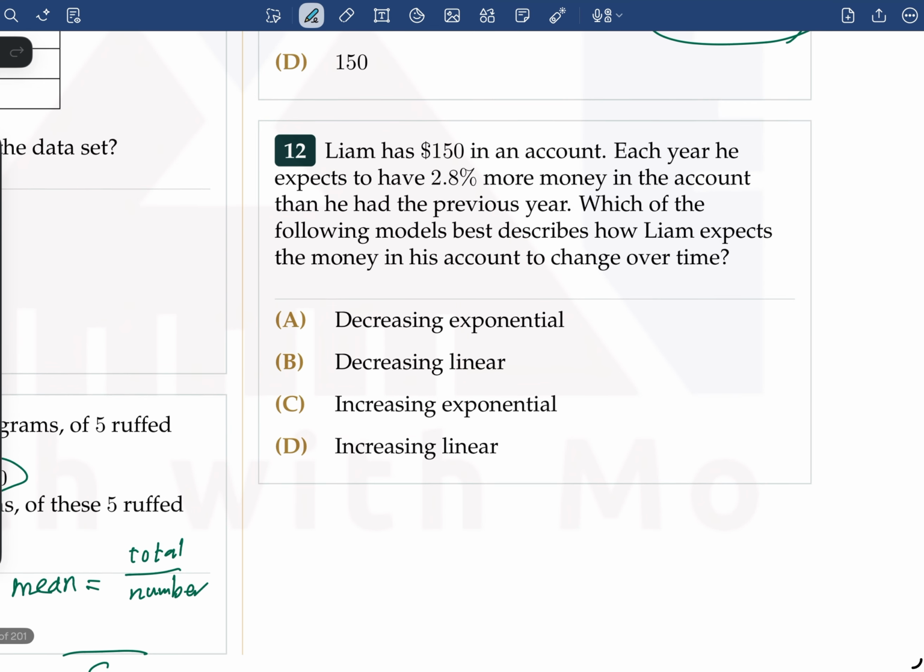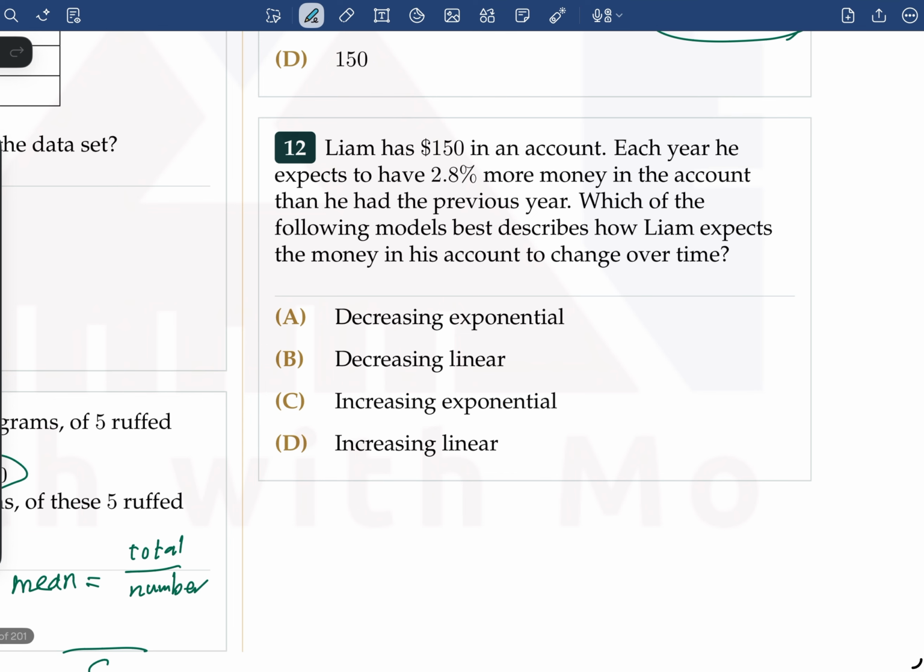Question number 12. Liam has $150 in an account. Each year he expects to have 2.8% more than he had in the account the previous year. So remember always, when you have a percentage of increase or decrease associated with the previous year, that means an exponential function, not a linear one.